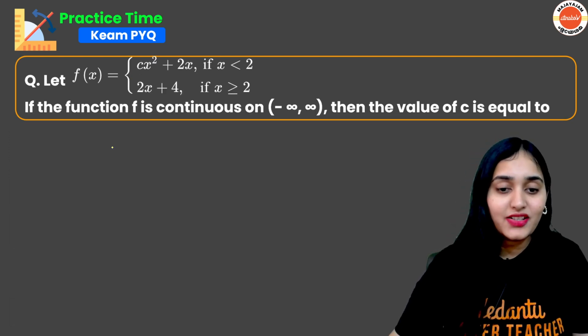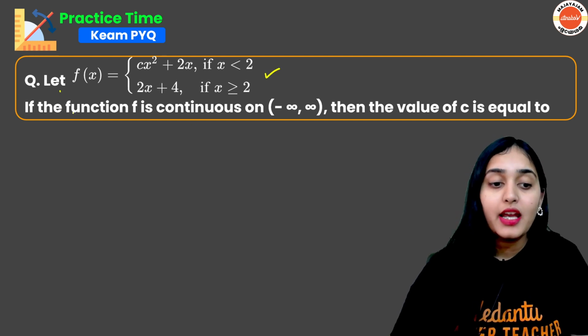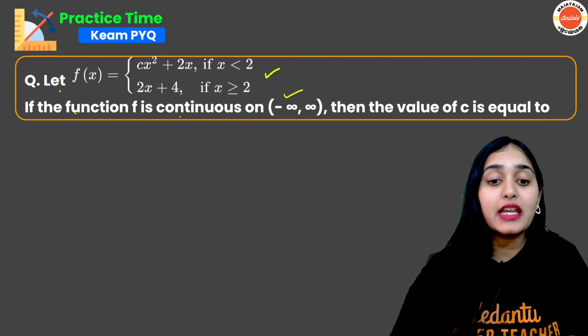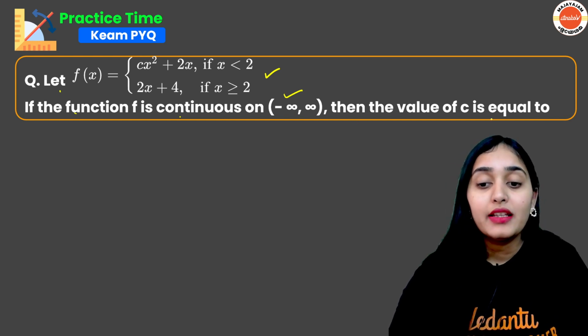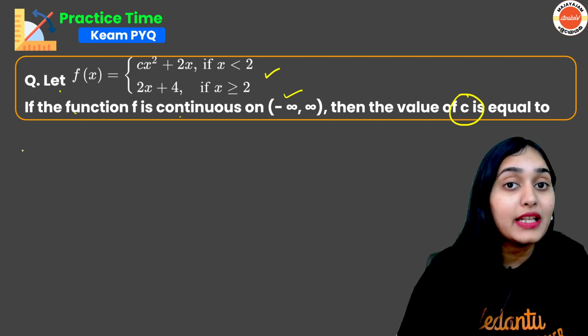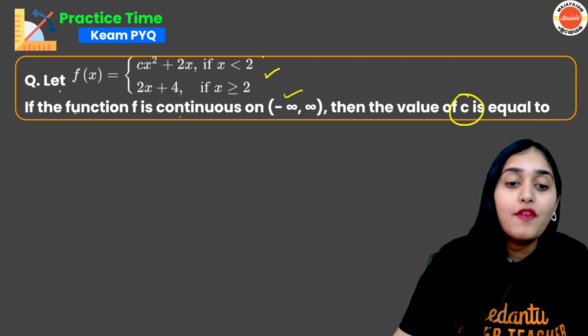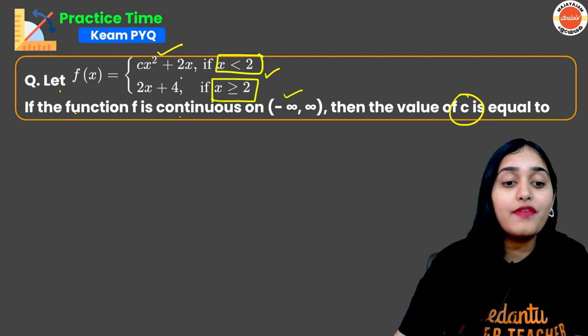Okay. Next question. Let f of x be this function. If the function is continuous in all the intervals between minus infinity to infinity, then the value of c is equal to what? Now how can you get the value of c? See, for less than 2, the function is different. For greater than 2, the function is different.